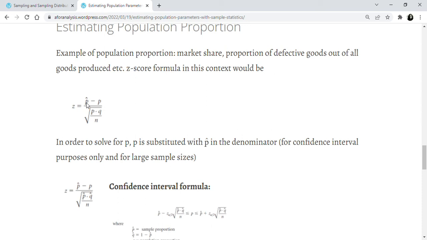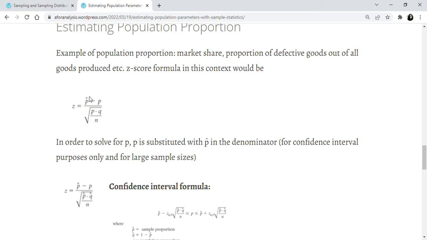Now p hat is the sample probability of some event occurring, and q hat is the probability of that event not occurring. So we can take p hat as the probability of success and q hat as the probability of failure.